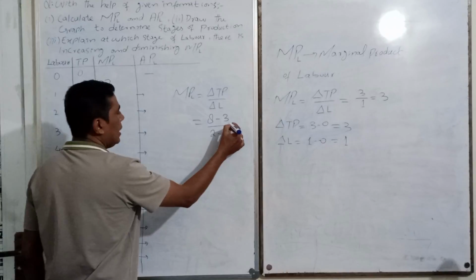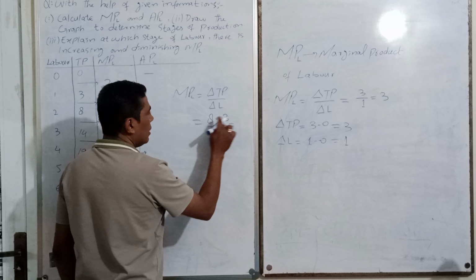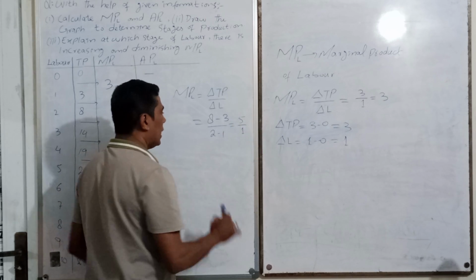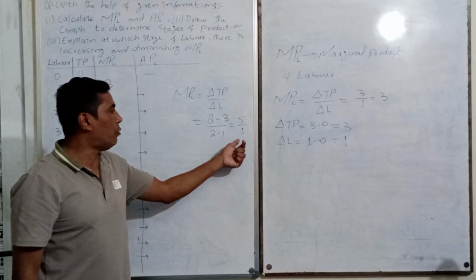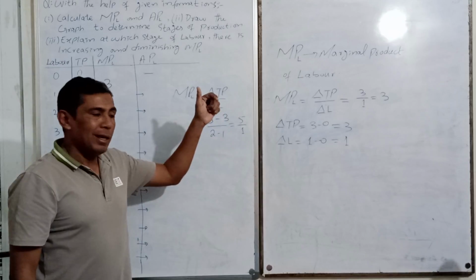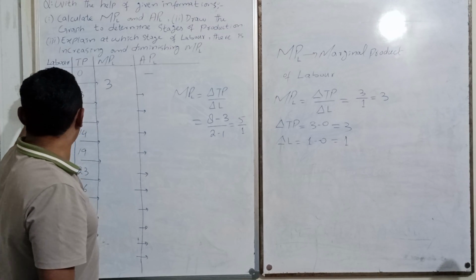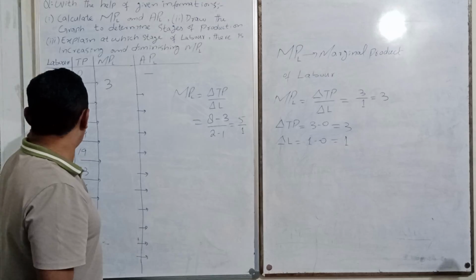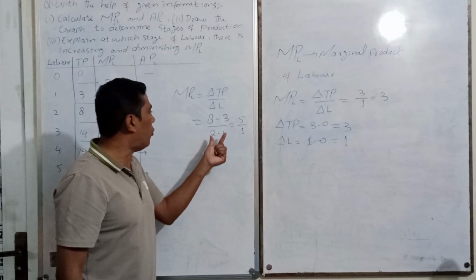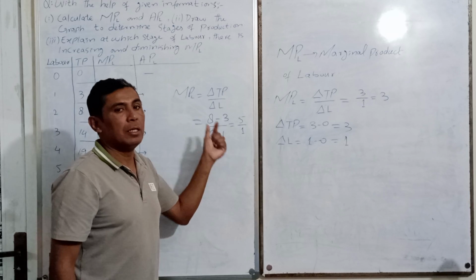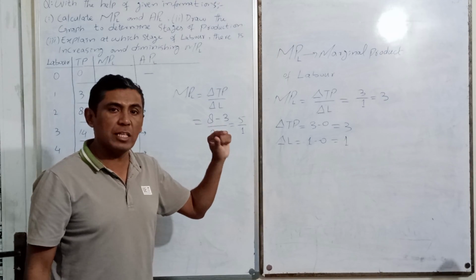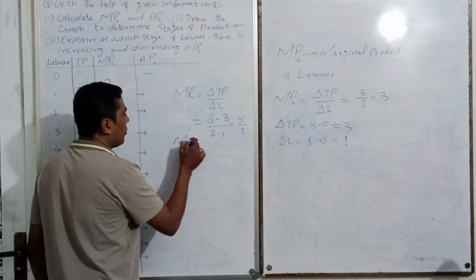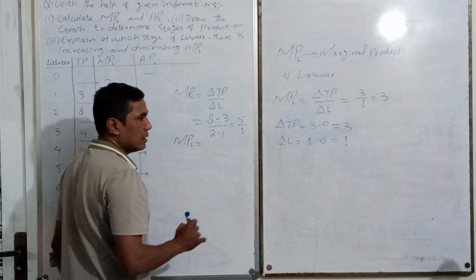So 8 minus 3 is 5 upon 1. Again in the denominator you have 1. When there is an increase of 1 unit of labor, you always have 1 in the denominator, so delta L is always equal to 1. So your marginal product of labor MPL is 5.